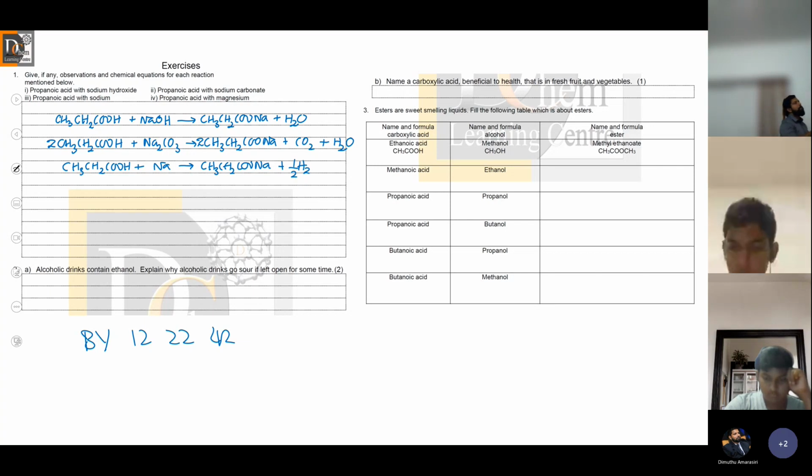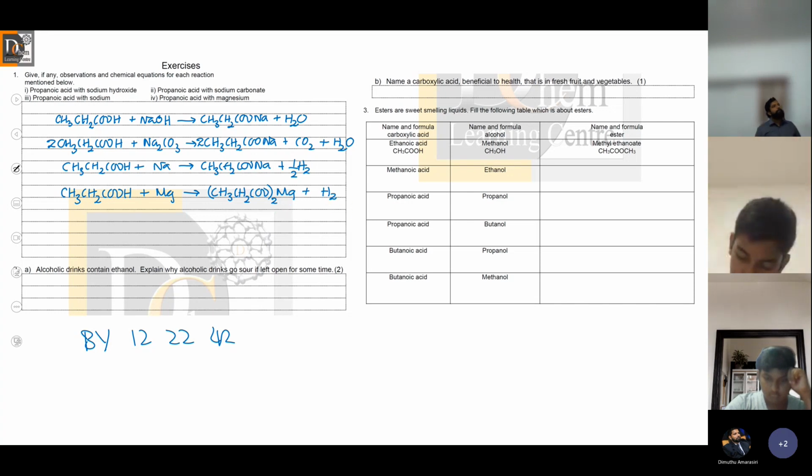And propanoic acid with magnesium, CH3CH2COOH will react with magnesium to give magnesium propanoate, (CH3CH2COO)2Mg, plus H2. Balance it, you need to put 2 in front of propanoic.